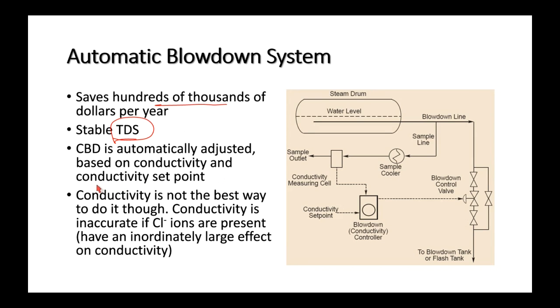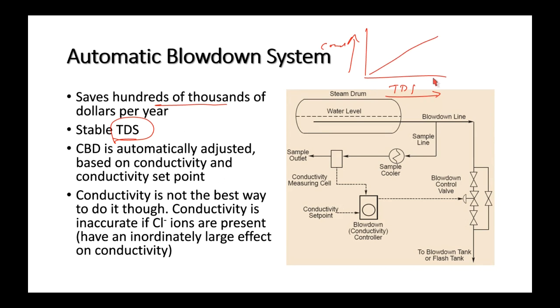So how do we figure out the TDS of the boiler water? Well, typically in a plant we use a dissolved solids meter, which is really a conductivity meter. And what we find is that as TDS increases, conductivity also increases.